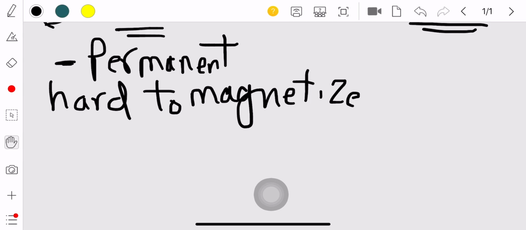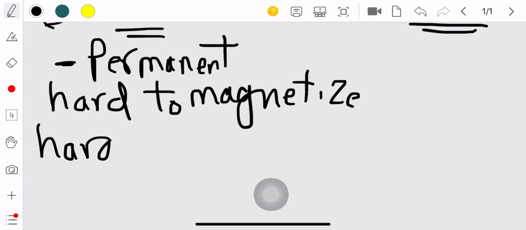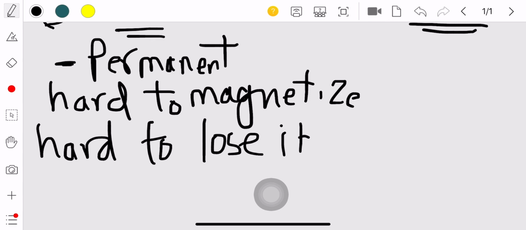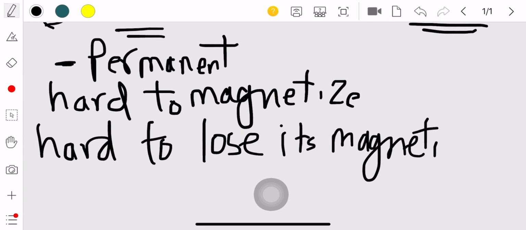So the permanent magnets are hard to magnetize, hard to lose their magnetism. I made a great effort to make it a magnet, and I will also need a great effort for this magnet to lose its magnetism.